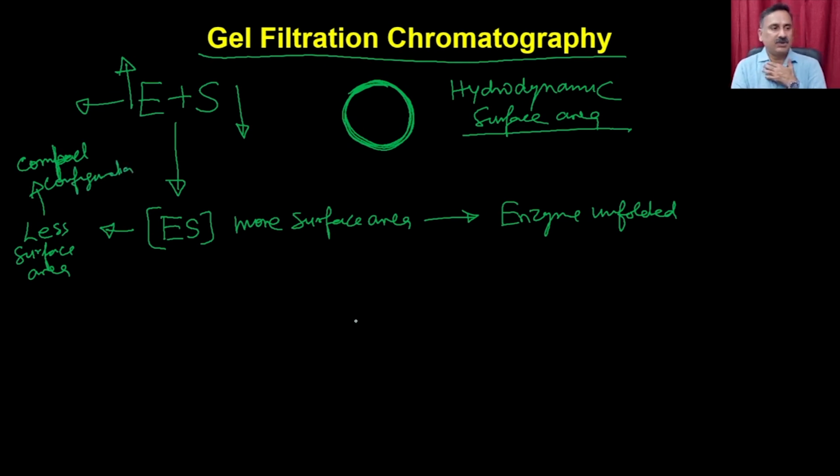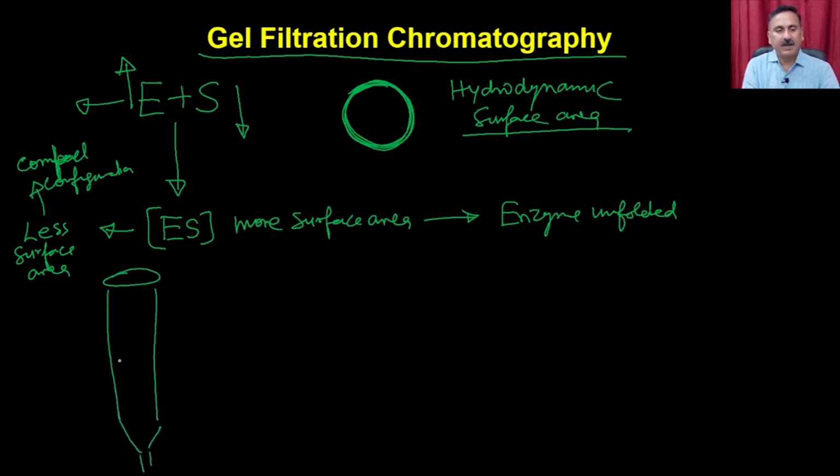Now, how can we study this? What we are going to do is prepare a gel filtration column with the beads, and you are going to analyze your sample. First you are going to analyze the enzyme, and the buffer you are using for equilibration can have the substrate.